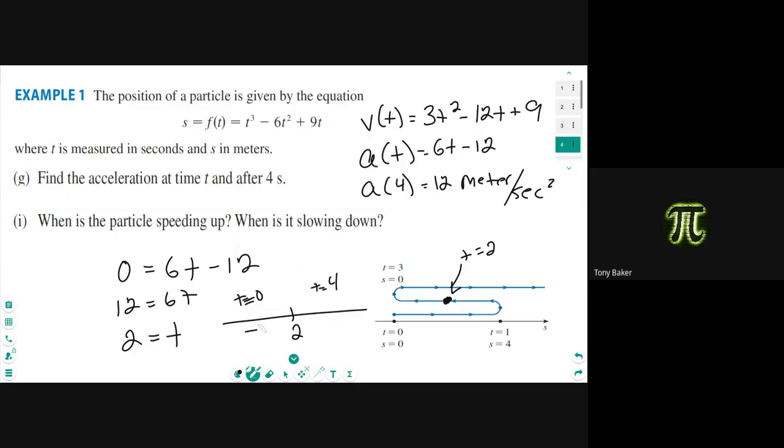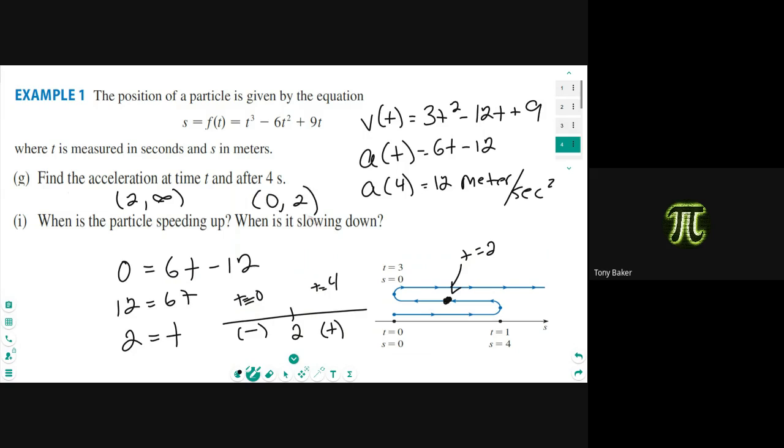Yep, so it's a negative. And if I plug 4 into that, I get positive 12. So it's positive. So when's the particle speeding up? Yeah. So 2 to infinity. And when's it slowing down?